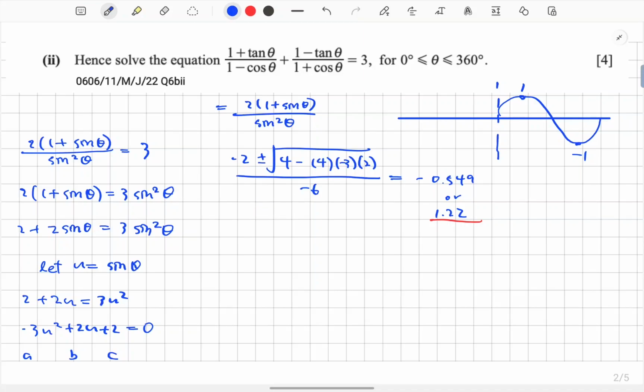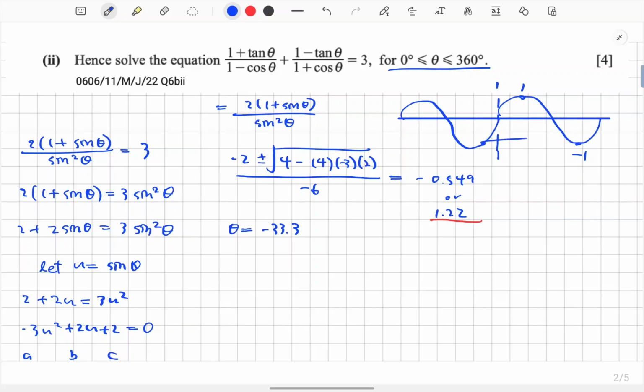So by performing arcsine on our calculator, we can get that the value for theta is negative 33.3. But it is outside the range stated by the question. So when we further extend the graph for sine theta, negative 33.3 is around here.